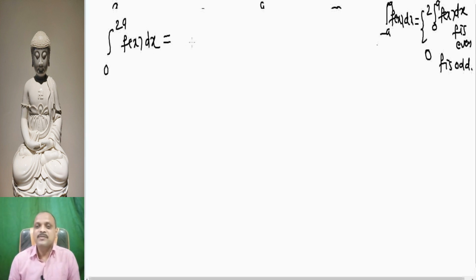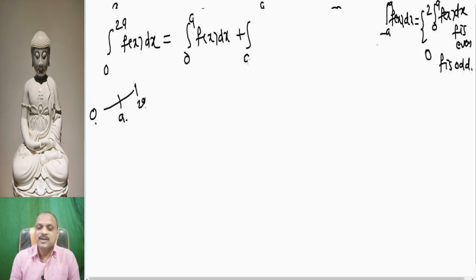In that property we can divide the range between 0 and 2a. This is 2a, and there is a. So we divide this range into 0 to a and a to 2a: integration 0 to a f of x dx plus integration a to 2a f of x dx. Let us call it equation number 1.